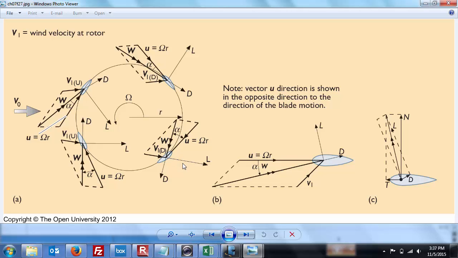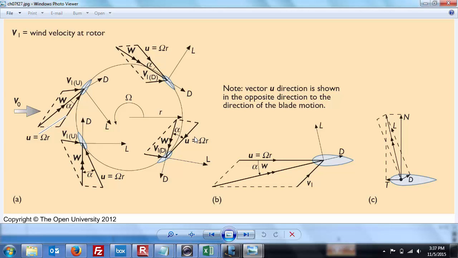The other thing to keep in mind are the drag forces, and in each case, obviously, the drag is pulling the thing the wrong direction, pulling it the wrong direction, pulling it the wrong direction. But the drag vectors are smaller than the lift vectors, and the thing spins in a circle. That's how it works.